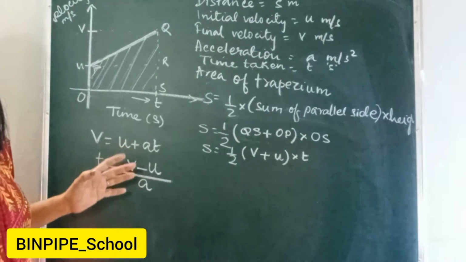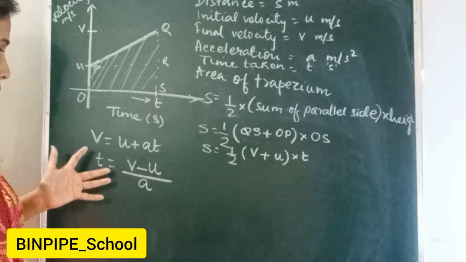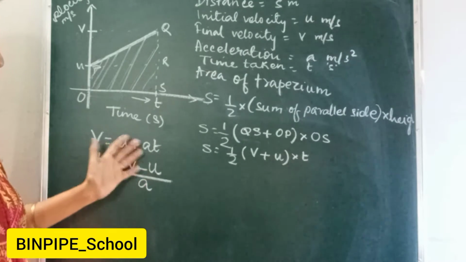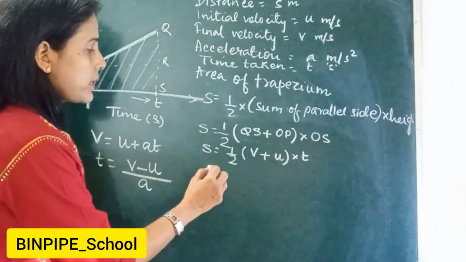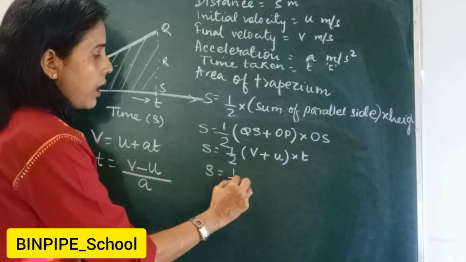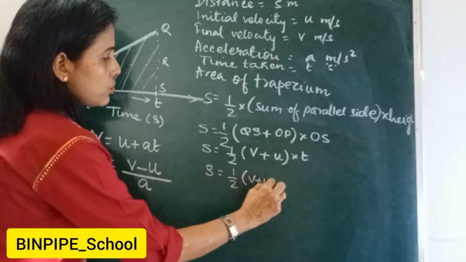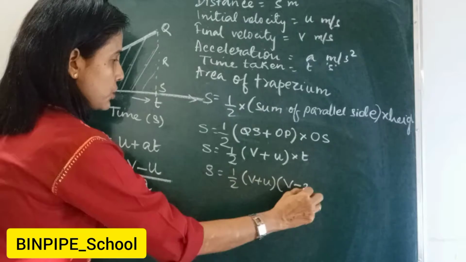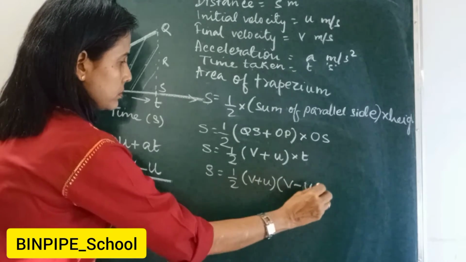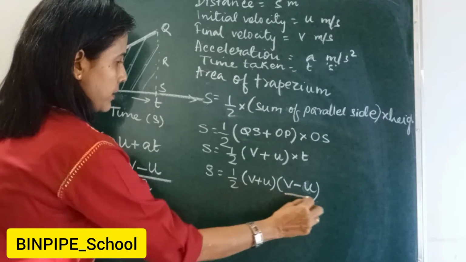Change in velocity by acceleration gives us the time. Now we can substitute this value of time here. So here we get s is equal to half into v plus u, and instead of t we can write v minus u by a.